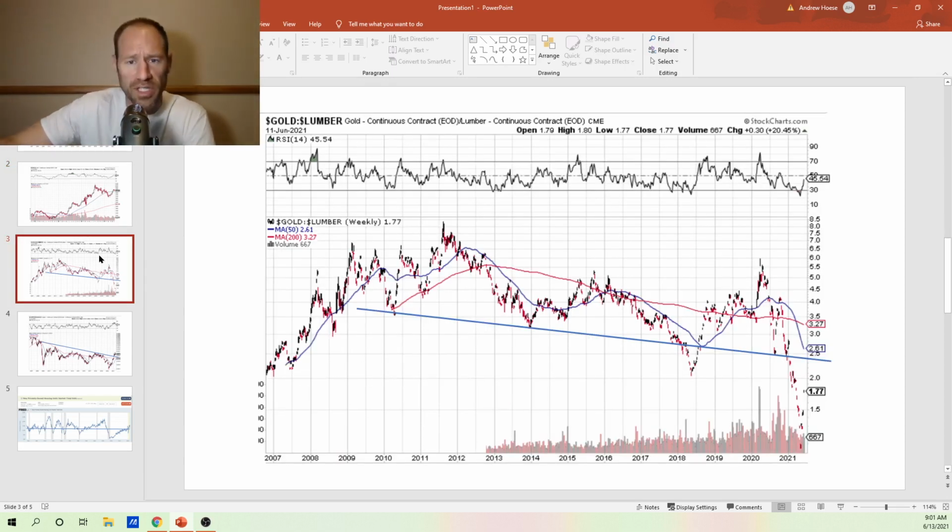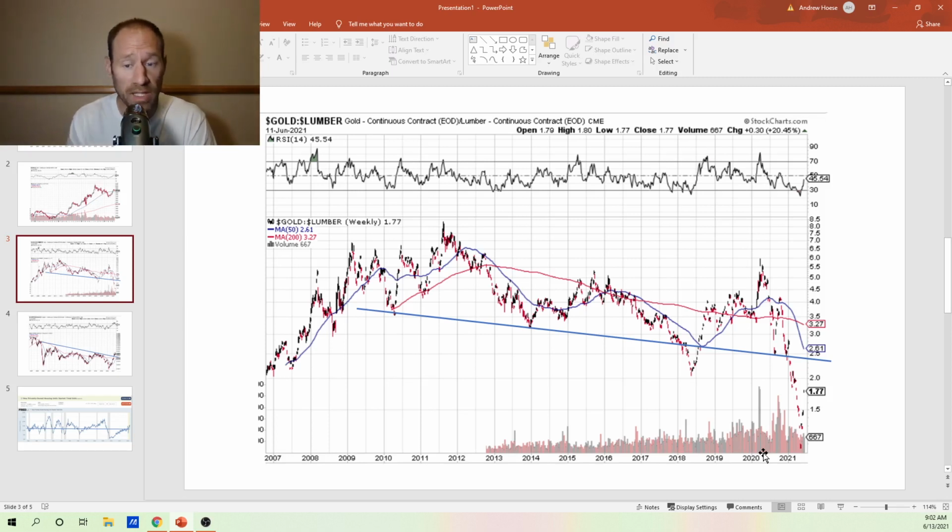Here's the gold to lumber ratio, looking at the relative performance between lumber and gold. After looking at the price charts, lumber is definitely outperforming. It broke to the downside all the way down here. This could be an all-time low, meaning that lumber's never been more expensive in relationship to gold ever.